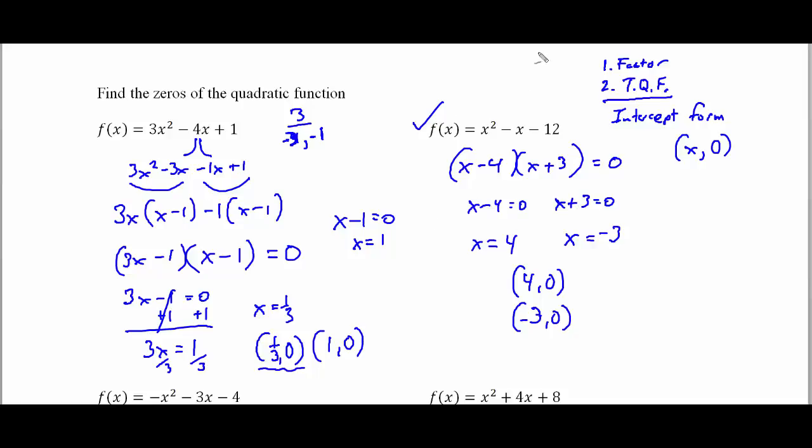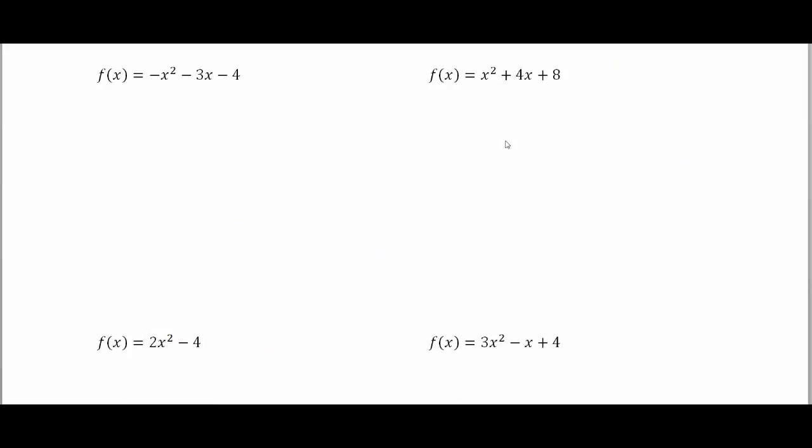But for the next 4 problems, we're going to see examples that cannot factor. So unfortunately, we're going to have to use the quadratic formula. And I say unfortunately because it's a little slower, but if you are proficient at your calculator skills and substitution, you should do pretty well here.